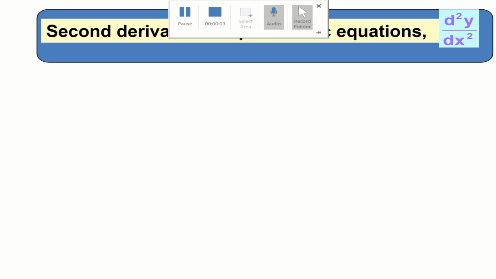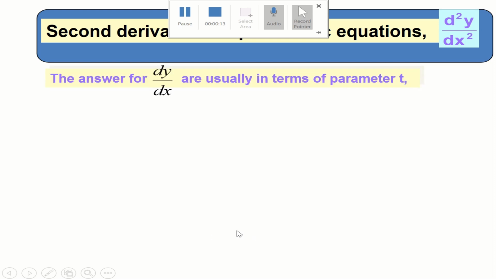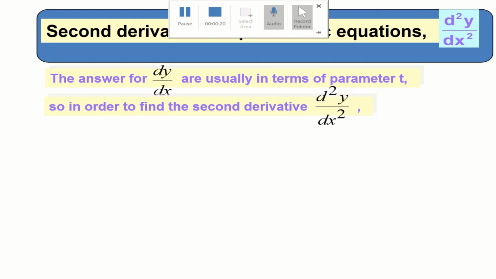Second derivative of a parametric equation: the second derivative of y with respect to x. The answer for dy/dx is usually in terms of the parameter t. So in order to find the second derivative, we will apply the chain rule again.